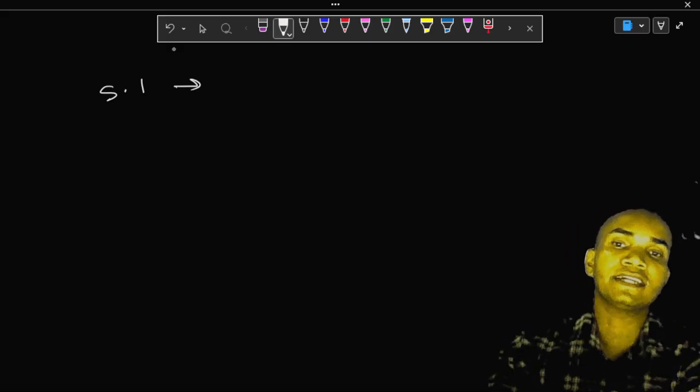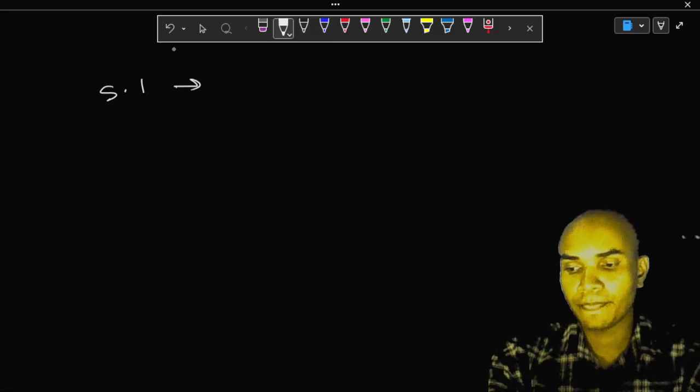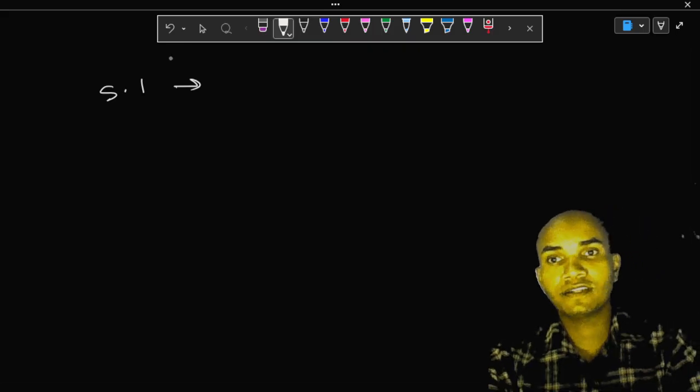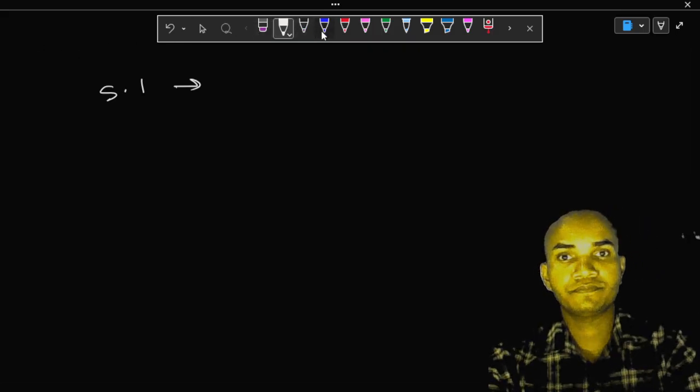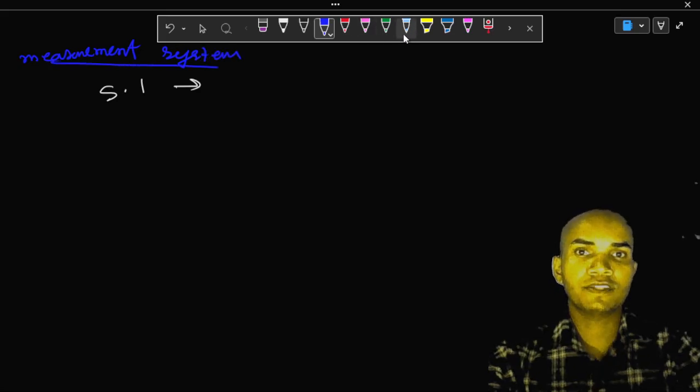So they created a system called the SI system. It is the measurement system name.